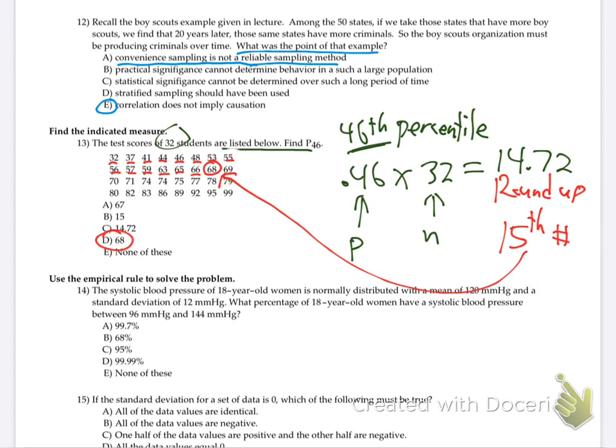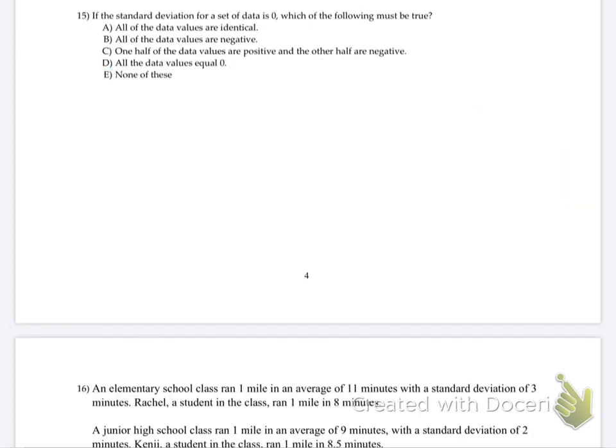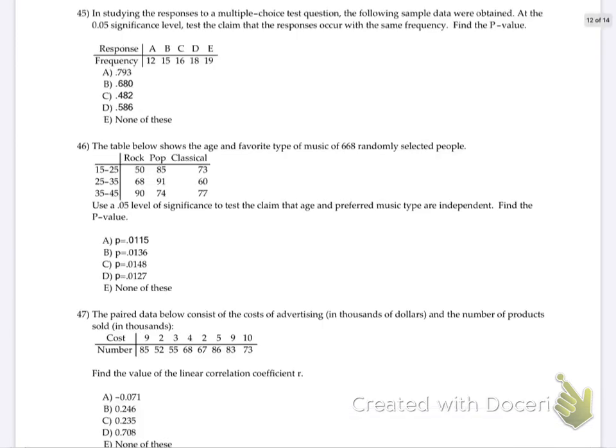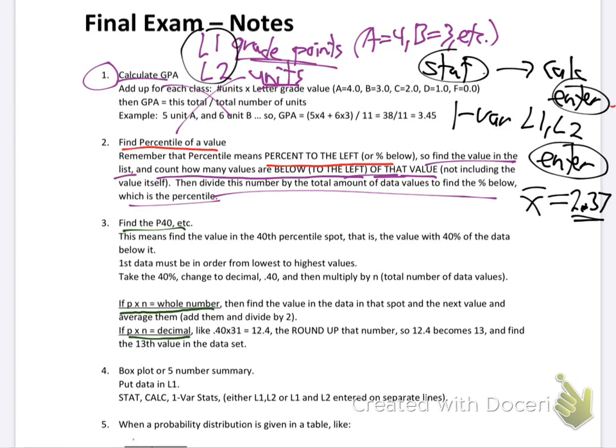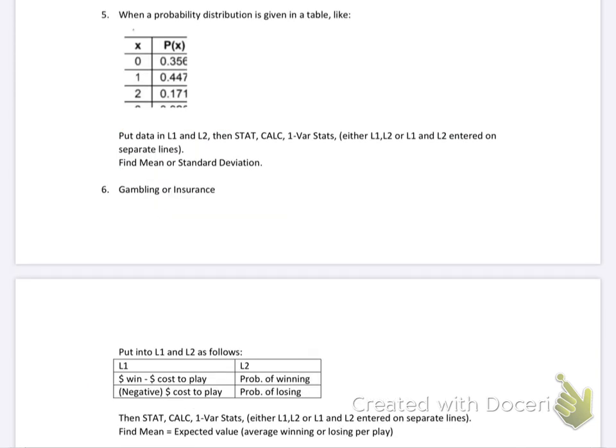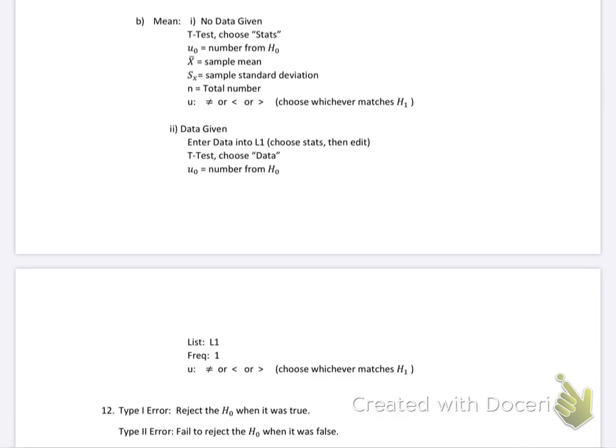Feel free right now to add anything you want. I hope you're adding to those final exam notes whatever is helpful for you. So going back here, what's going to key us in? Oh, there was the boxplot one. We already did that. It doesn't look like number 5. Number 6, it's not gambling and insurance.